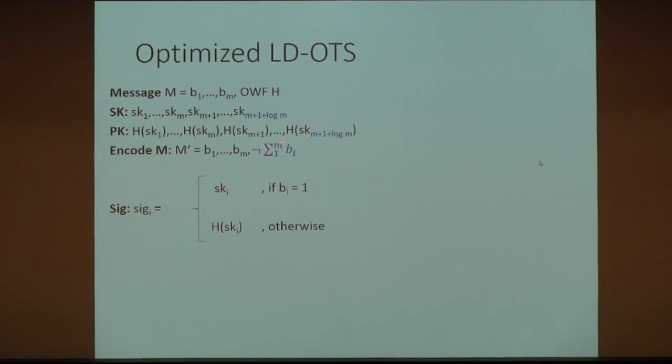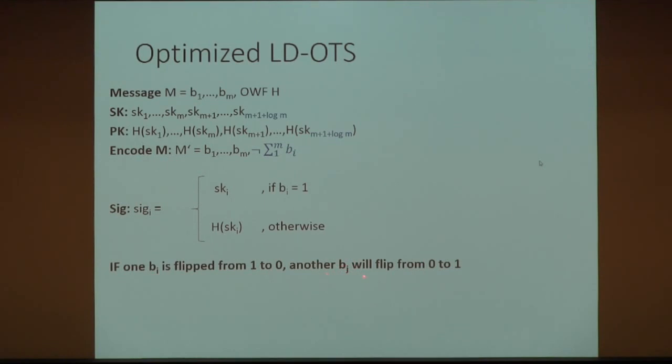This sum is represented as a log m plus 1 bit message and then negated. And now this checksum has the property that if one bit is flipped from 1 to 0, someone only has to replace in the signature a secret key element with a public key element, which is easily doable because you know the public key elements.